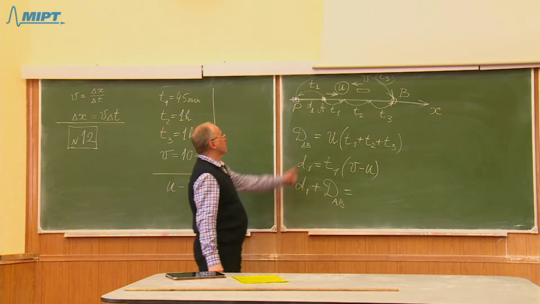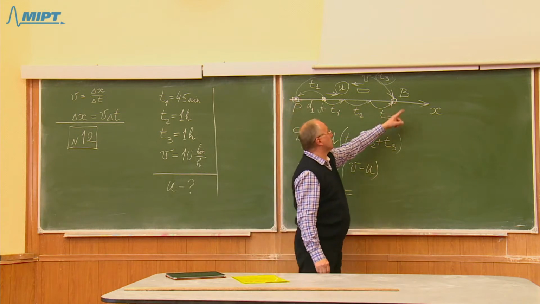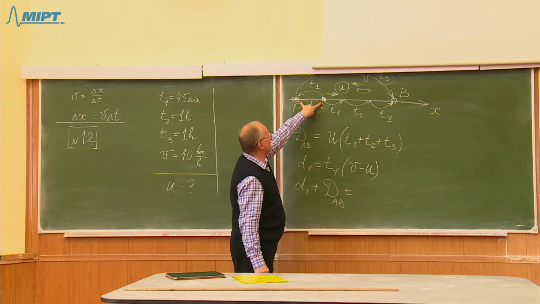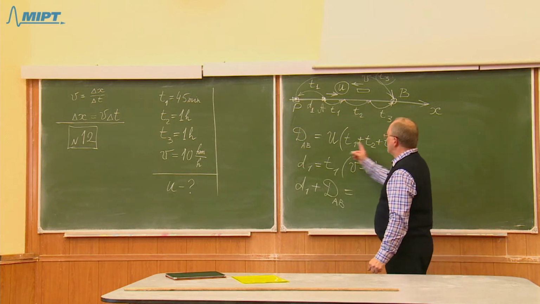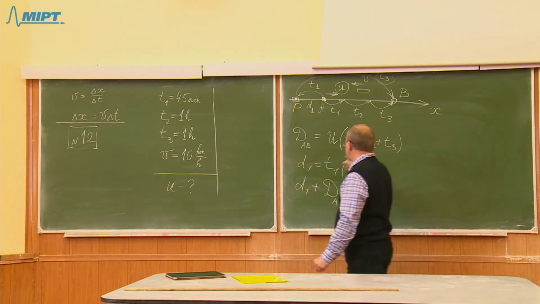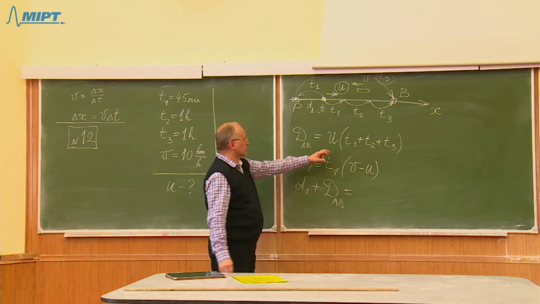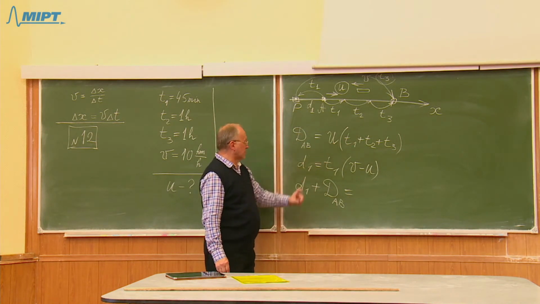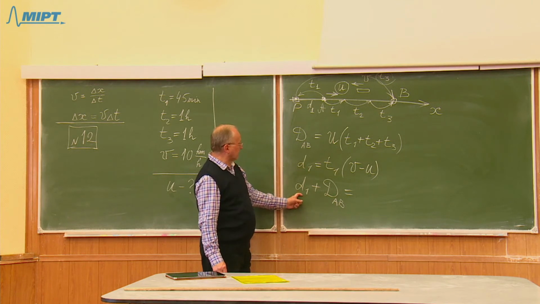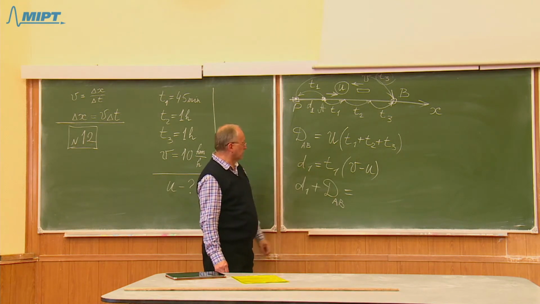The total distance from point P to point B is the sum of two distances, PA plus distance AB. Distance AB is already written here. It can be expressed using the velocity of the river stream. And distance d1 is also written here.